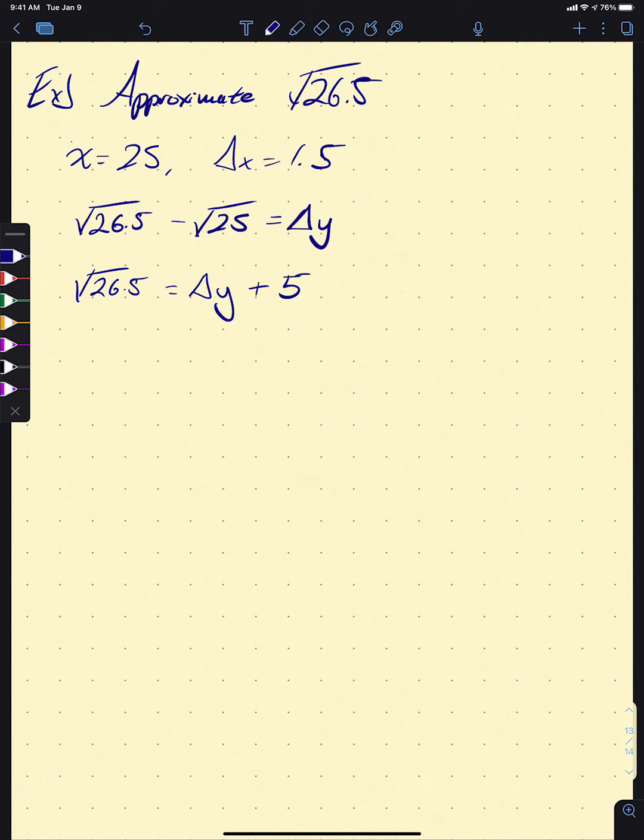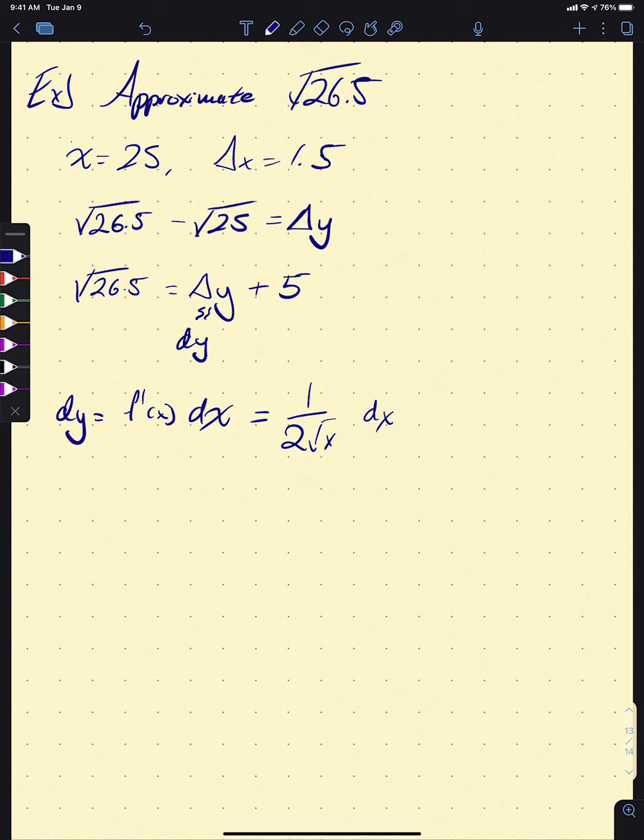Now, difficult to calculate delta y here, but pretty easy to calculate dy, because again, this is approximately equal to dy. Well, dy here is going to be f prime of x times dx. Our derivative is 1 over 2 root x, and we're multiplying this by dx.